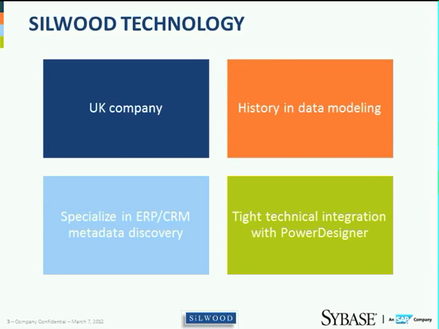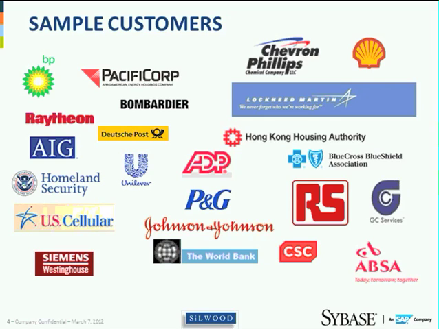Now, as you haven't heard of us, you may think we've not been around much, but as I said, we've been around a long time. And just to let you know that this is not new technology that has not been tested in the field or with other customers. We do have a good list of blue chip customers who've already gained value from using Sapphire.